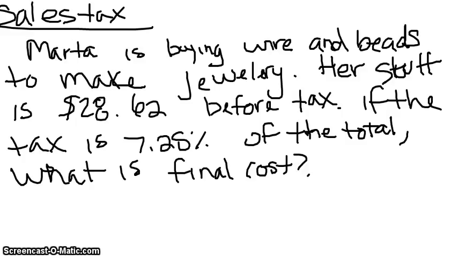Alright, so in order to find the percentage of a number, we first have to take the percent and write it as a decimal. When we want to write it as a decimal, hopefully you guys remember this, you take the decimal point where it is and you move it 2 spots to the left.